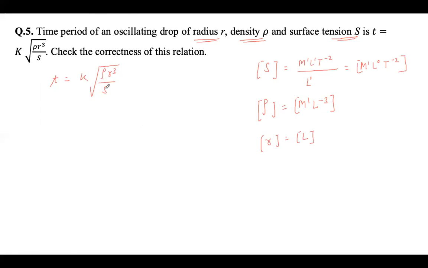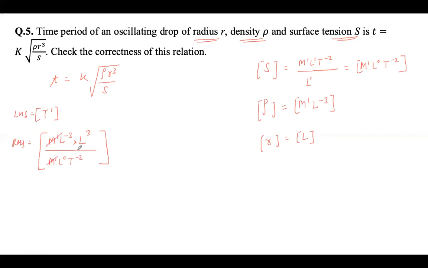So now we'll use it here. For LHS, the dimensional formula is time raised to the power 1. For RHS, density is M1 L minus 3, R cube is L to the power 3, and then we have surface tension M1 L0 T to the power minus 2.